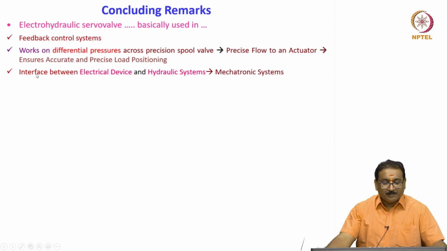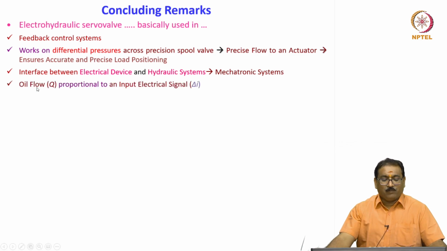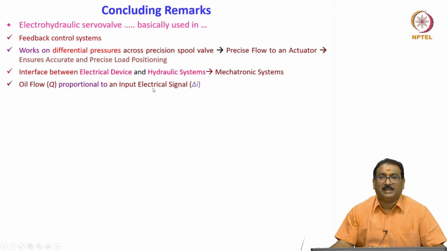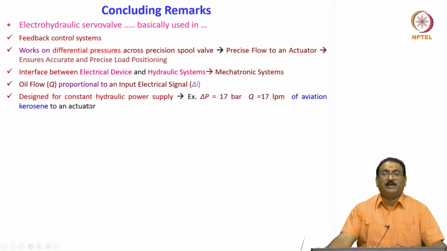The electro-hydraulic servo valve is an interface between the electrical device and hydraulic systems, generally known as mechatronic systems. Here oil flow is proportional to the input electrical signals, designed for constant hydraulic supply always. For example, a 17 bar pressure drop results in 17 liters per minute of aviation kerosene or any fluid to the actuator.